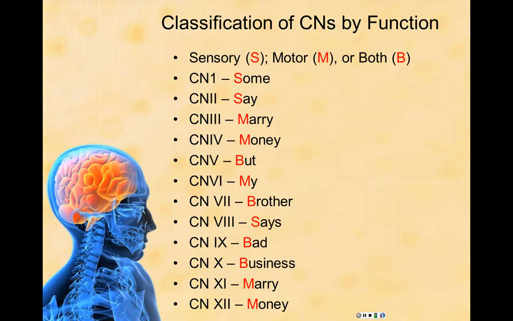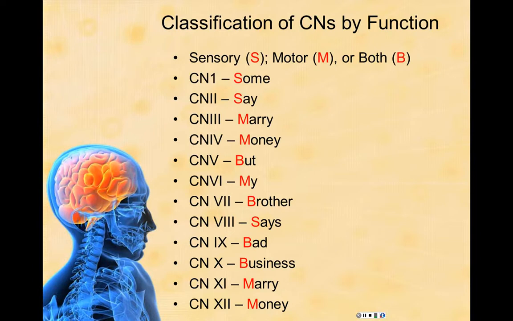And the mnemonic is, some say marry money, but my brother says bad business marry money. Another version of this that you might find more interesting is, some say marry money, but my brother says big boobs matter more. Your choice as to which one you want to use to help you remember.